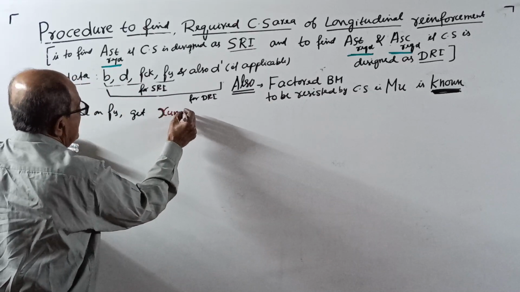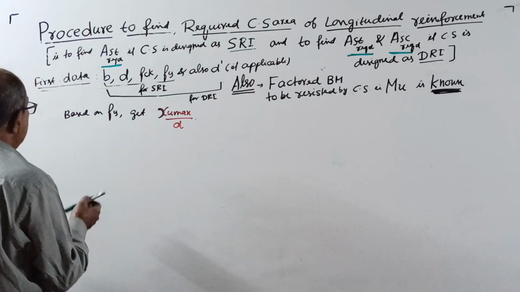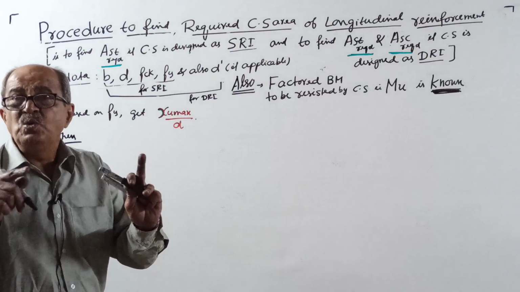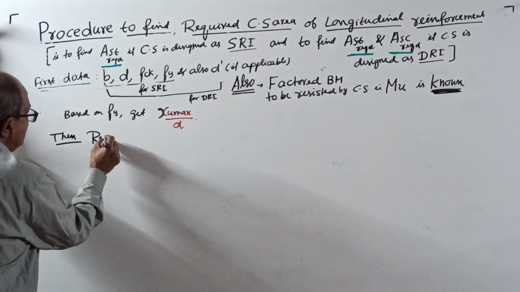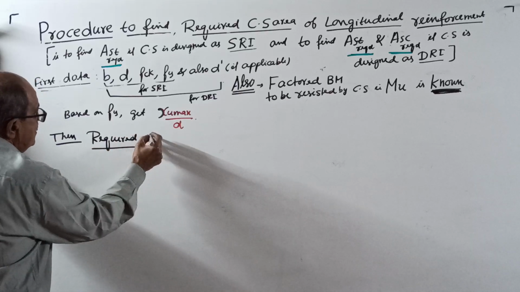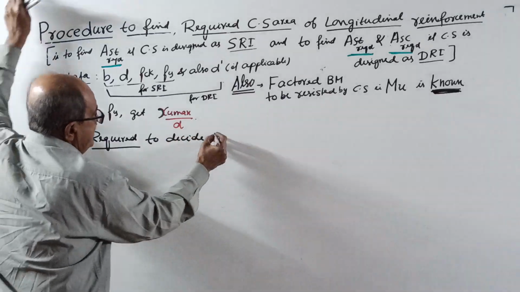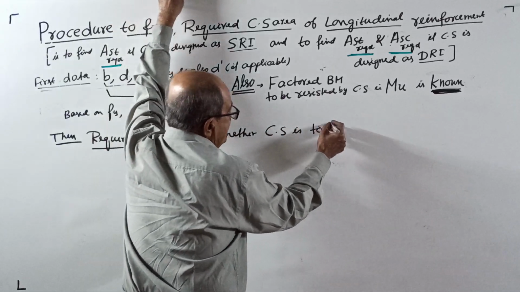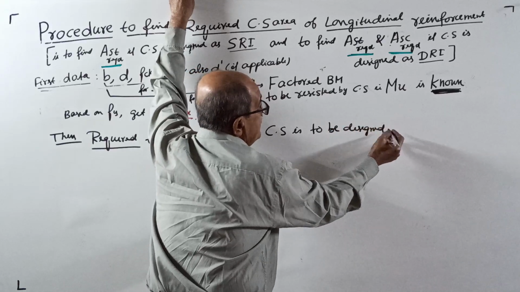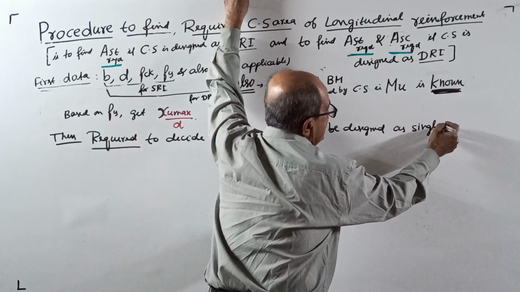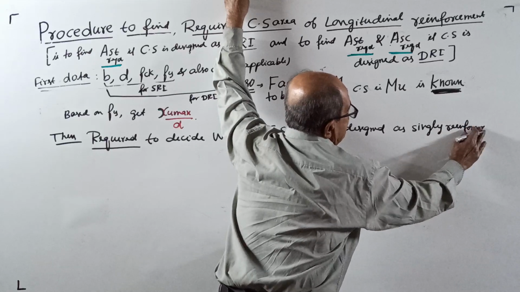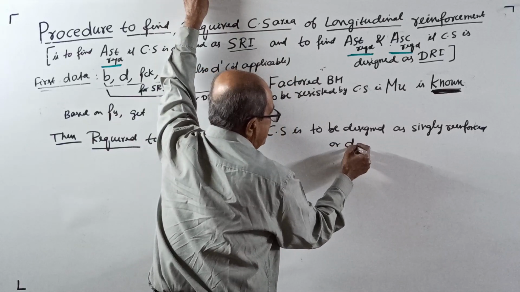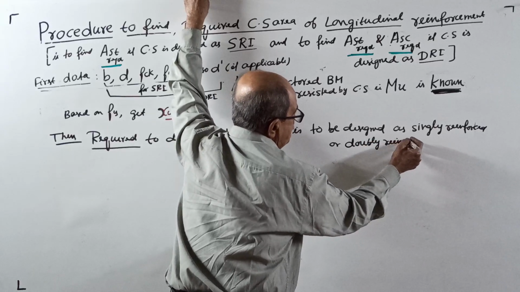Then, very clearly I will explain, we have to decide whether the cross section is to be designed as singly reinforced, or doubly reinforced. First you have to say reinforced.